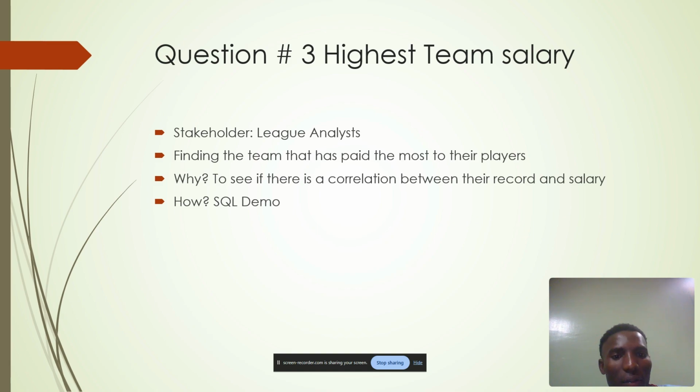We find that to see if there is a correlation between their records and the salary. If the team has paid more to their players, then there is a record correlation with the salary. And the way we can do that is by writing an SQL demo to provide that information.